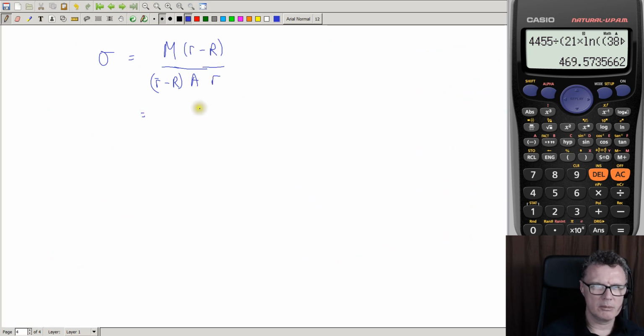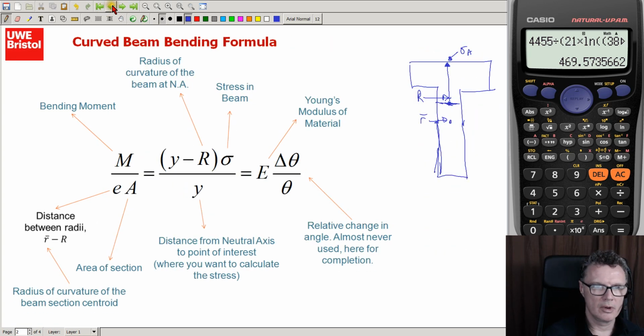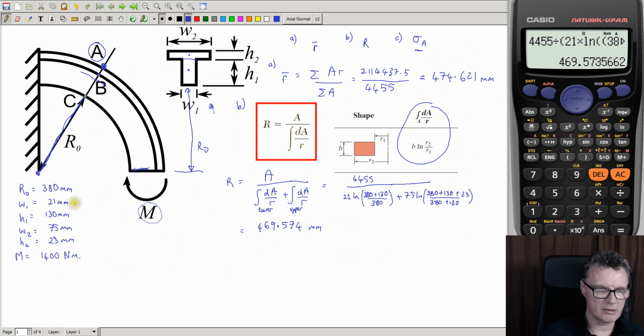So let's put my numbers in. I'm expecting the stress to be positive because it's on the outer surface. And I have got 1400. What's the little r going to be? So come back to here. To find the little r, because we're at this position, that would be all the r's added together.